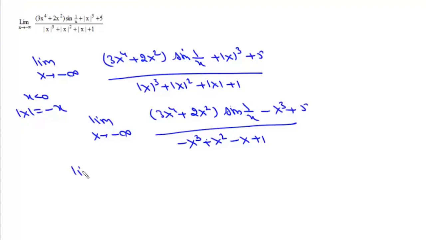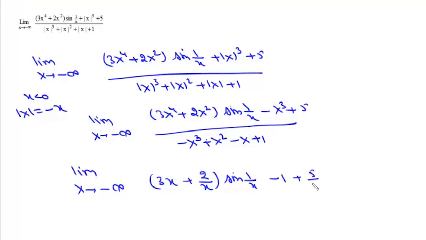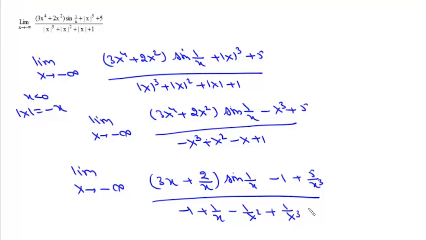So we can write this as limit x tends to minus infinite, and here will be 3x plus 2 upon x sine 1 by x minus 1 plus 5 upon x cube, and here will be minus 1 plus 1 upon x minus 1 upon x square plus 1 upon x cube.